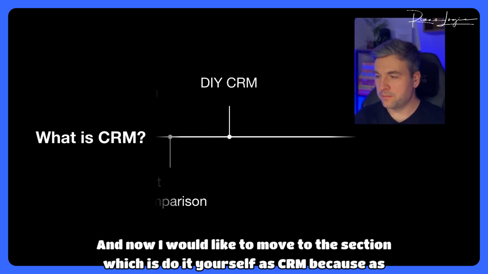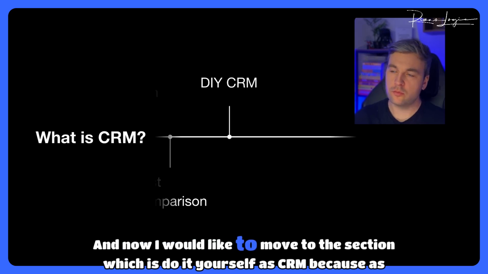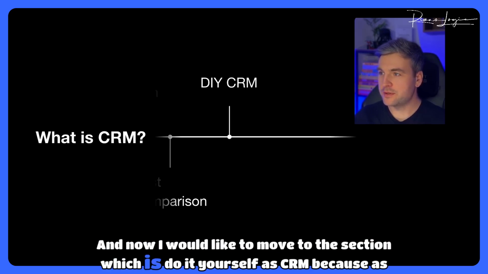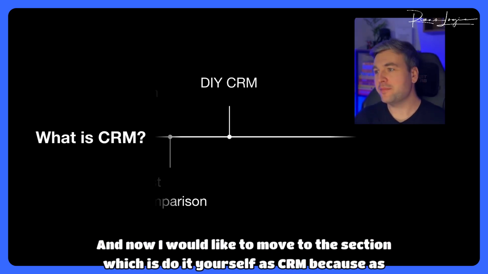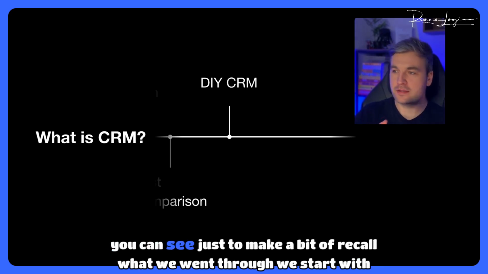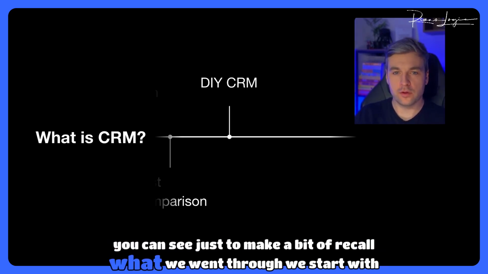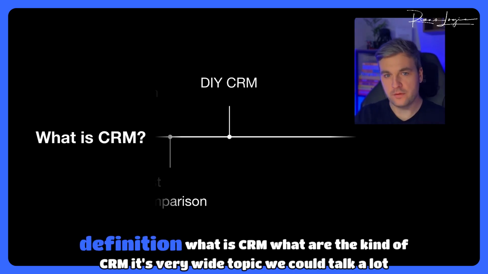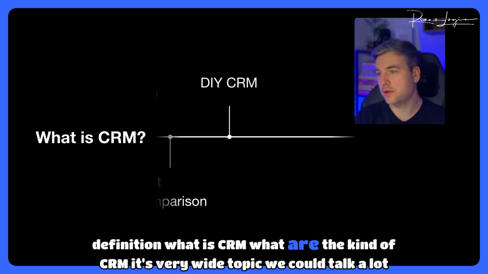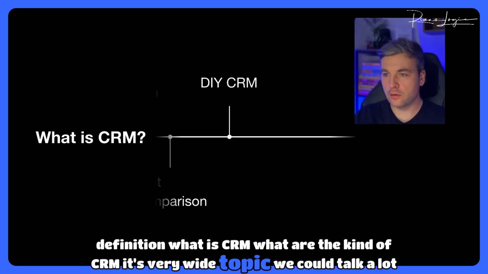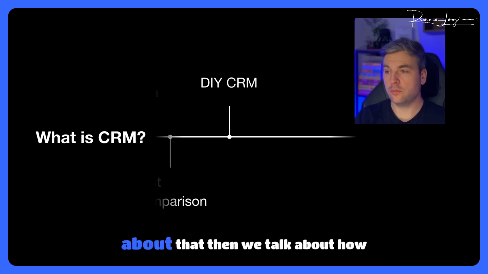And now I would like to move to the section which is do-it-yourself CRM, because as you can see, just to make a little bit of a recall of what we went through, we started with definition. What is a CRM? What are the kinds of CRM? It's a very wide topic. We could talk a lot about that.